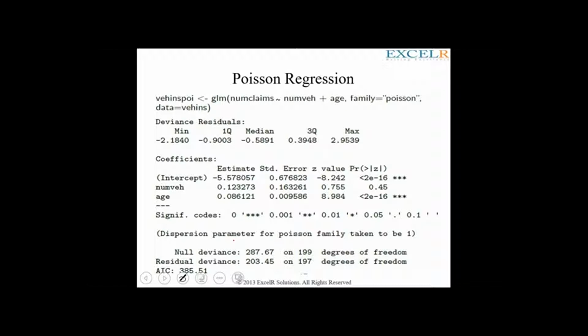Is this situation okay? Just apply your logic and let me know. Ramanan says it's okay. Absolutely right. If you're using, think about these two as your errors basically. So if I'm using only intercept to regress my y, I'm getting a value for null deviance, which is 287, right?